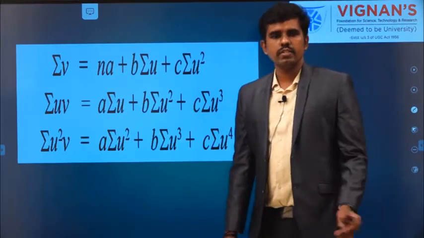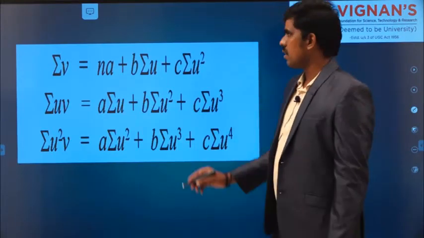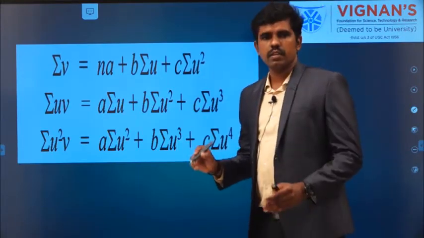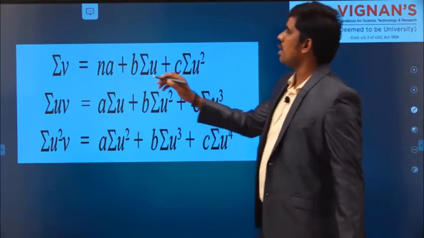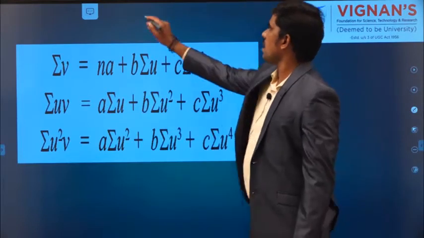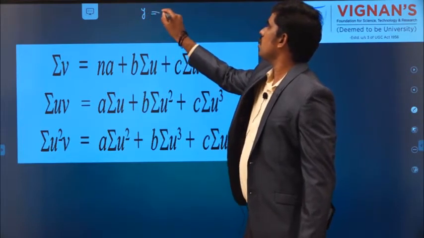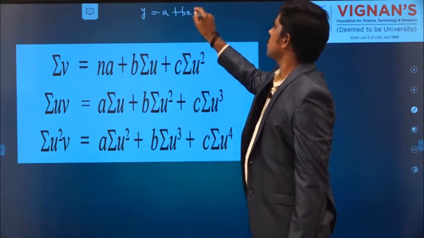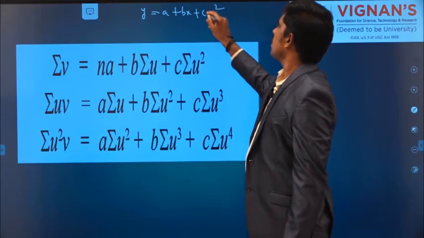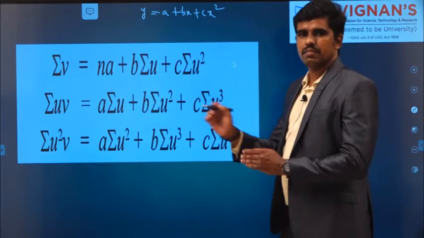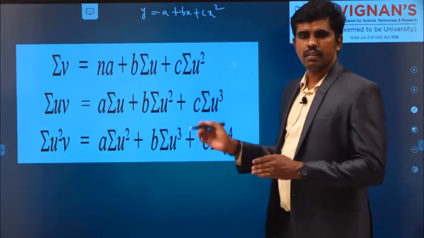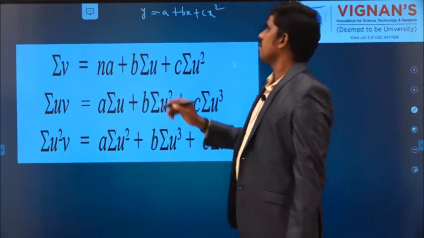So when we are changing the scale, our parabola equation itself will change. Normally our parabola equation is y is equal to a plus bx plus cx square, but here instead of x we will use u, instead of y we will use v.